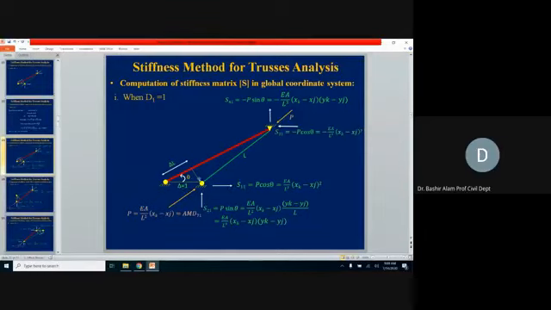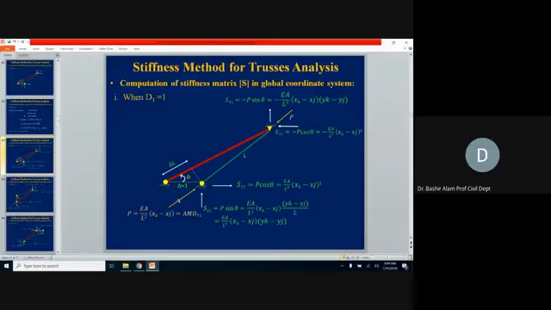S11 will become equal to, here we have this theta, so the horizontal component of this will become equal to P cos theta. P we already have, EA over L square times XK minus XJ, and cos theta is XK minus XJ divided by L. So when we multiply, we end up with EA over L cube times XK minus XJ squared.